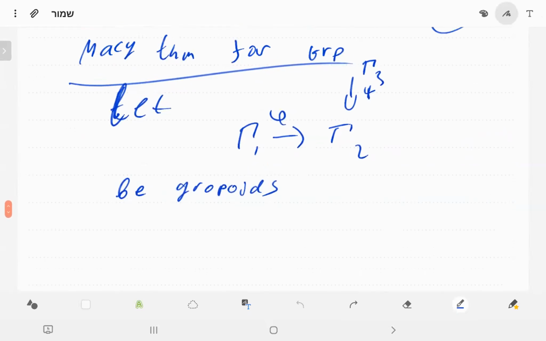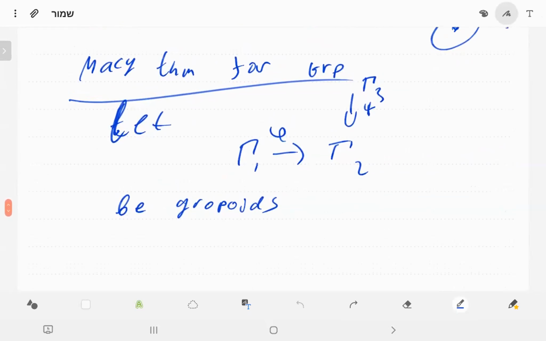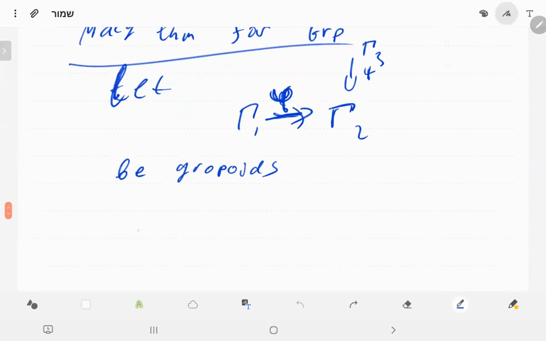What do we want to compute? You remember that if gamma 1 is BH and gamma 2 is BG and H is embedded in G, then if we want to understand the induction, we should take phi lower shriek, the functor of phi lower shriek.